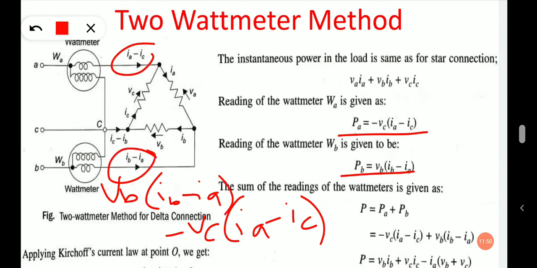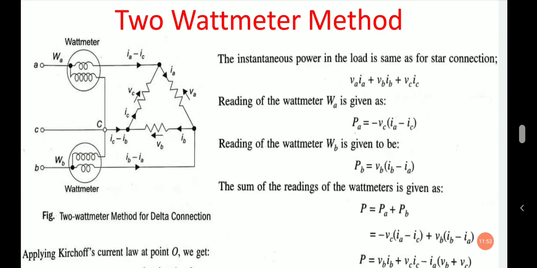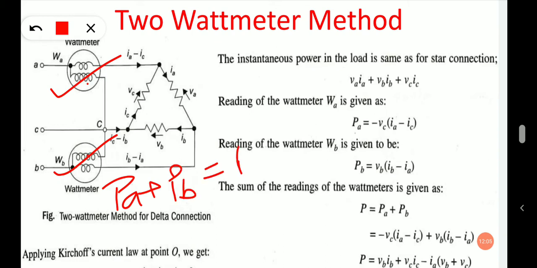Then we have to take the sum of the readings of the wattmeters, that is PA and PB, and the power will be the sum of the two readings, P equals PA plus PB.